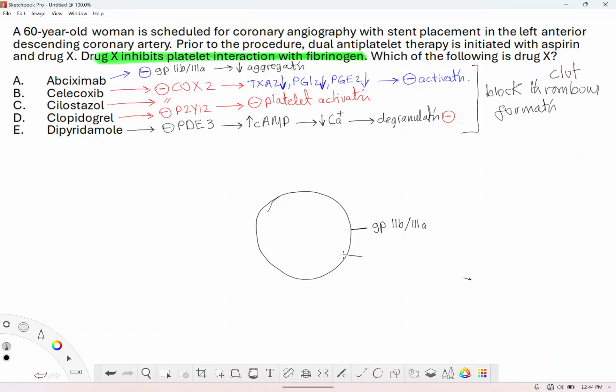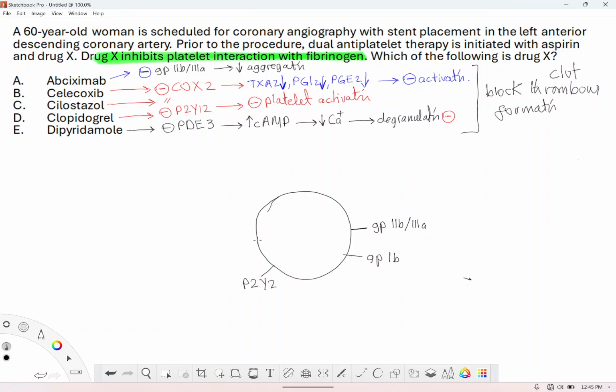And then I'm going to say another glycoprotein 1b. Okay, glycoprotein 1b. So these are the receptors. And then platelet additionally will have a receptor on the surface which is called P2Y12. So that's another receptor found on the surface of platelets.